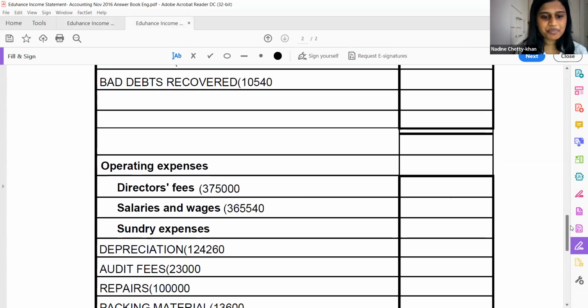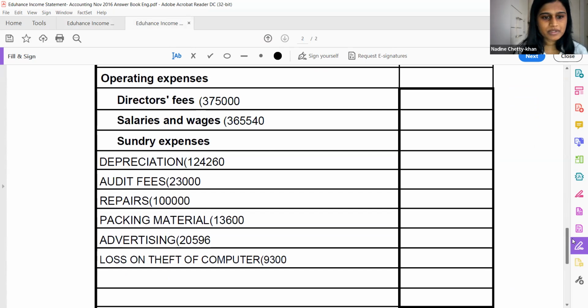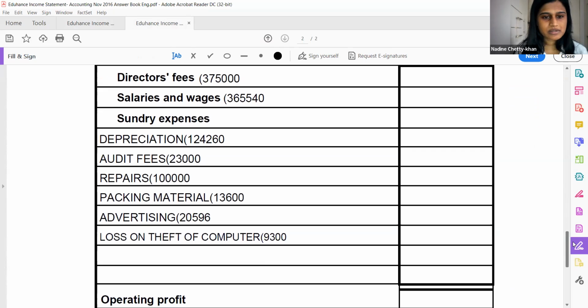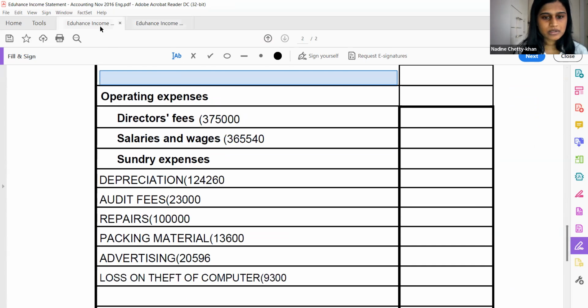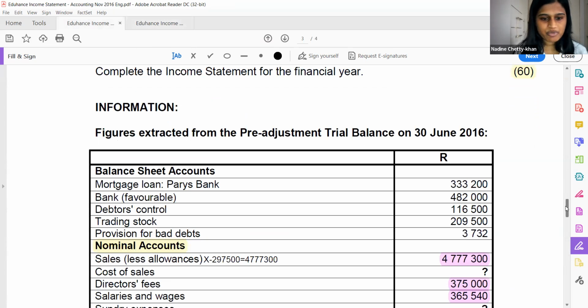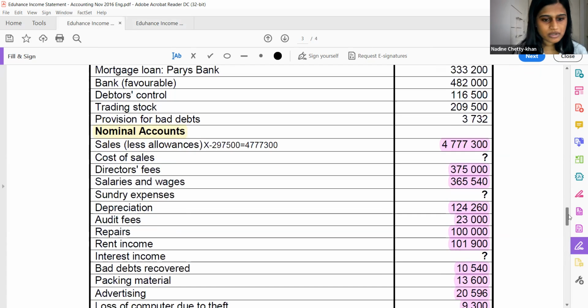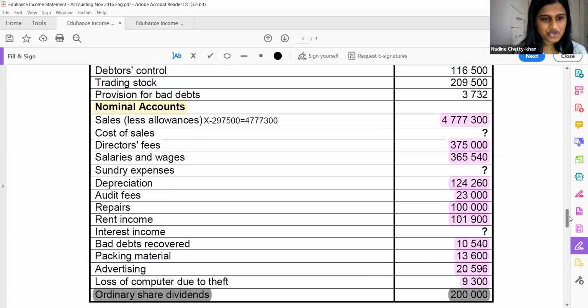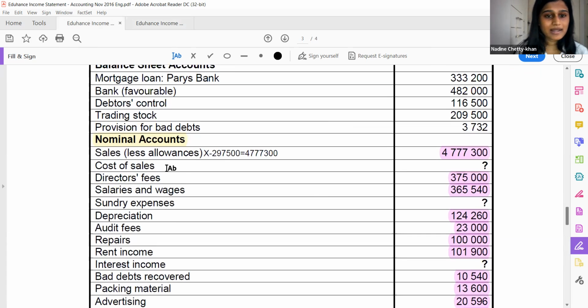Do we have a current bad debts expense amount? Let's go back and see if we have. We have bad debts recovered. Look here. Under the balance sheet section, we have a provision for bad debts balance of 3,732.